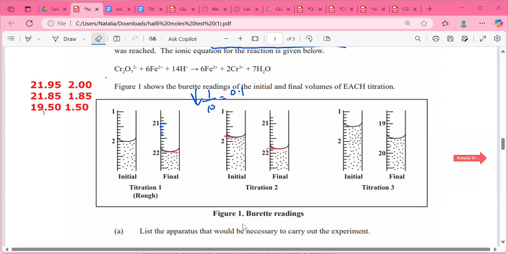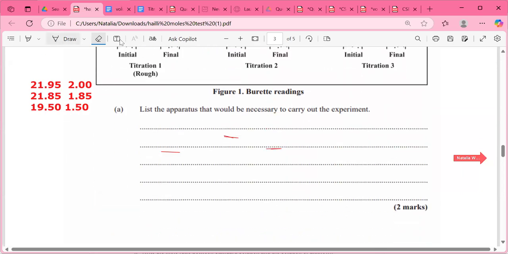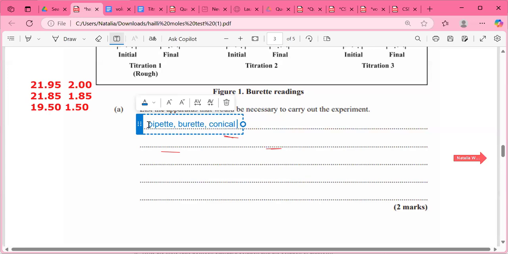List the apparatus that would be necessary to carry out the experiment. What are the apparatus we use to carry out a titration experiment? A pipette, burette, conical flask, indicator, dropper.